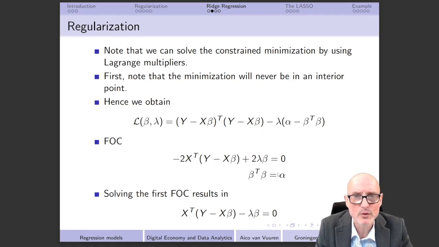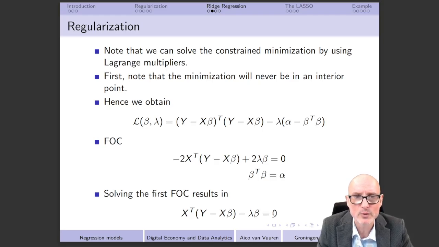The first thing we can do is say a little bit more about the first order condition. I can divide the left and right hand side by minus 2. Then I get this relationship, namely X transpose multiplied by (y minus X times beta) minus lambda times beta is equal to 0.